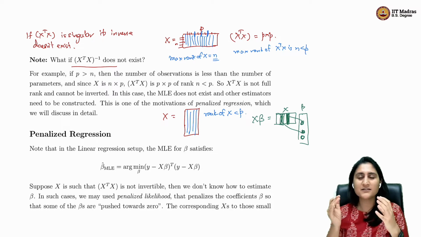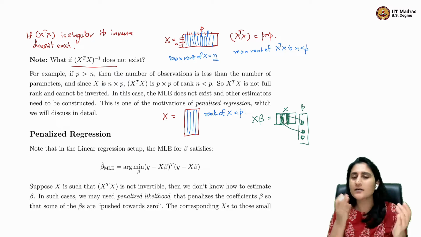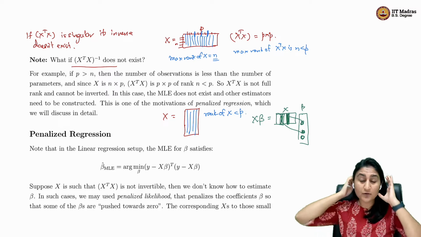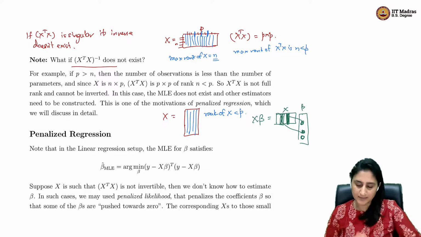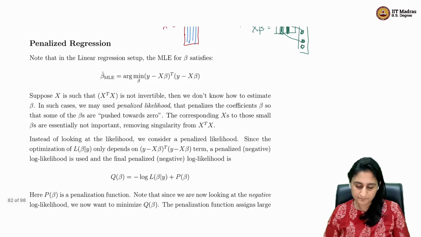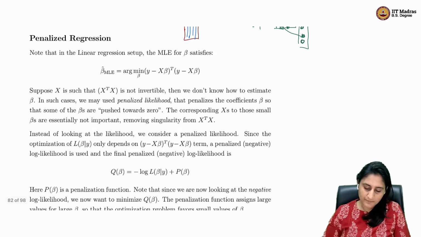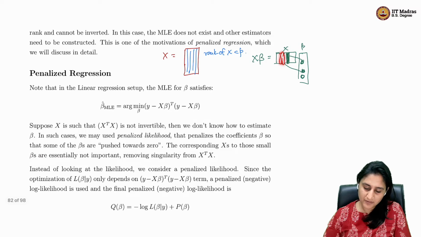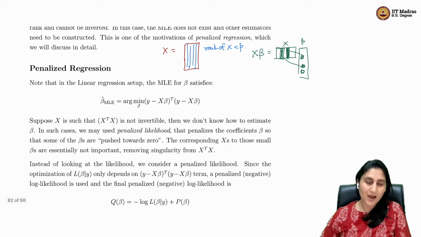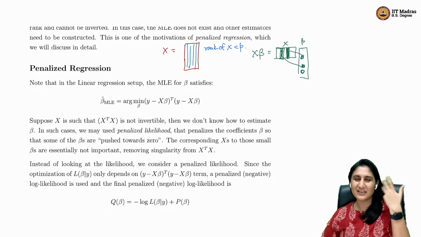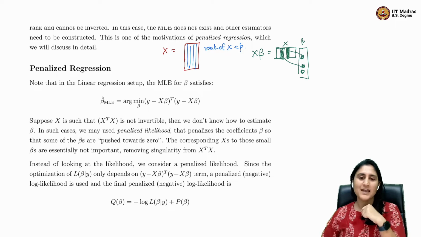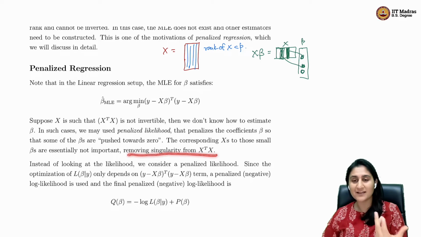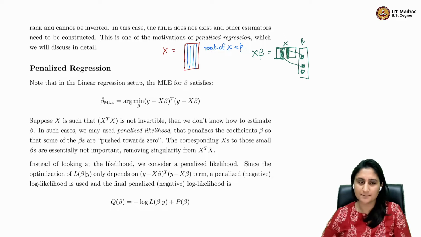Now, it's not that these betas are going to be exactly zero, but they're going to be pushed towards zero. They could also be exactly zero, but that's the idea. The x's corresponding to those small betas are essentially not going to be important, so they're effectively removed from the X matrix, removing the singularity from X transpose X, essentially.